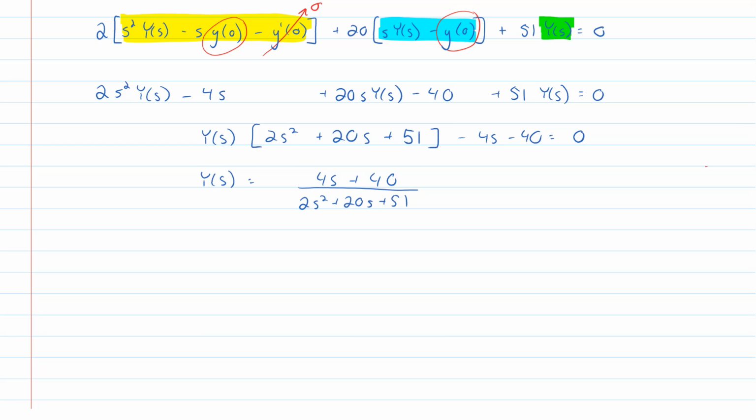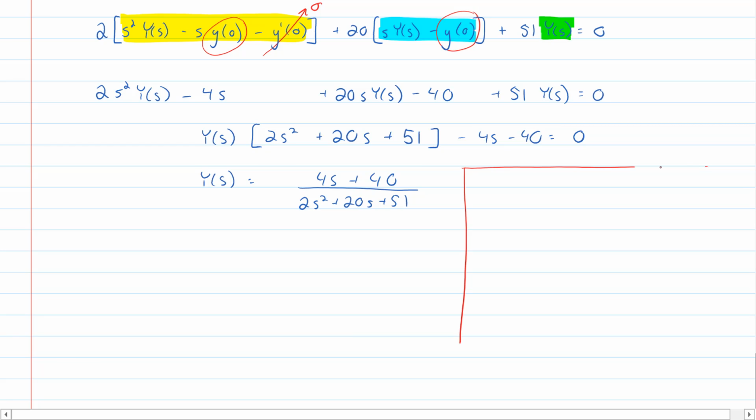Now, the denominator here looks a little unlovely, so what we're going to do is just over on the side, complete the square. We get that 2s² + 20s + 51 is equal to 2 times (s² + 10s + blank) + 51 minus blank. What we want is for the thing inside the round brackets to be a perfect square. So take the 10 divided by 2 to get 5 and square it to get 25.